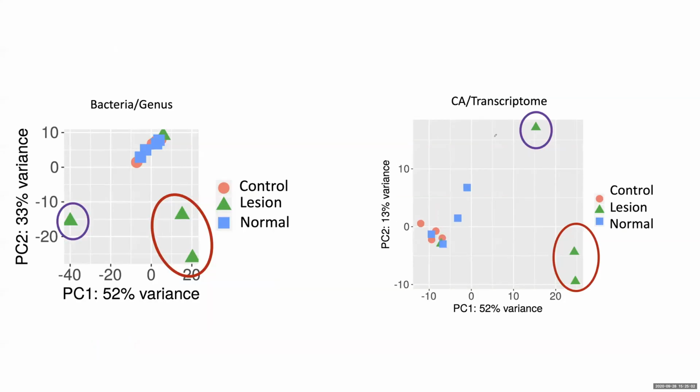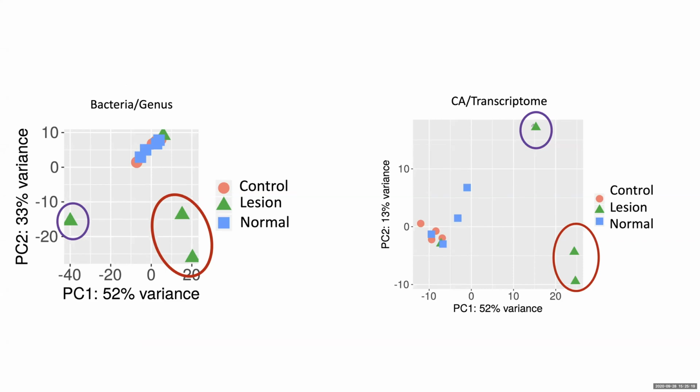And if we put these two together, if we cluster these samples based on their bacterial genera, we have lesion 1 and lesion 4, and then lesion 2 completely separate based on the bacterial genus.